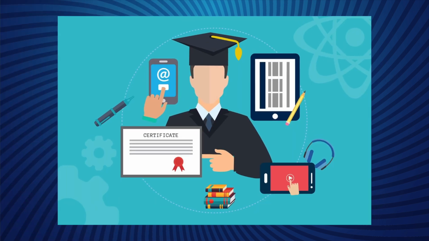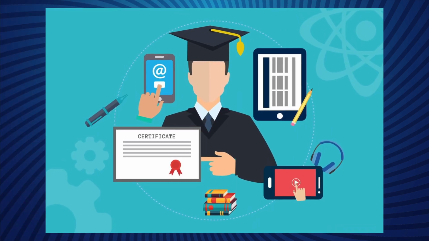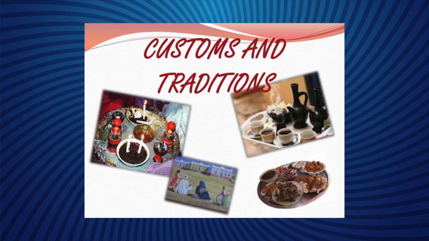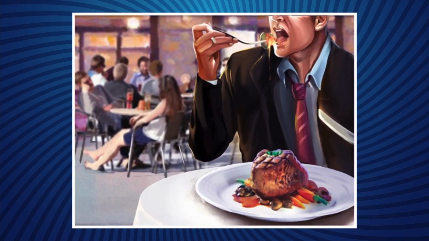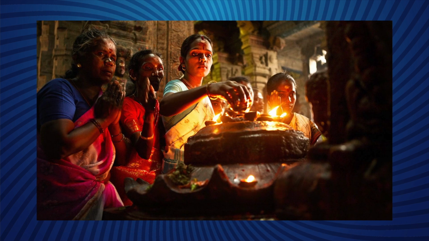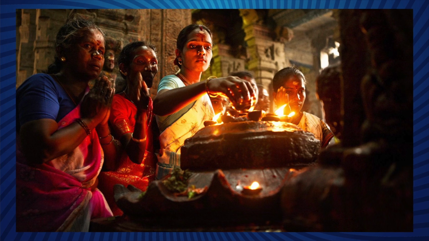Modern education has changed our attitude and outlook. It has affected our customs and traditions, manners and morals, religious beliefs and philosophical principles. It has removed to a great extent the superstitious beliefs and unforeseen fears about the supernatural beings.